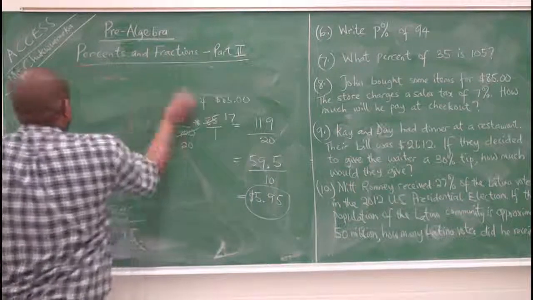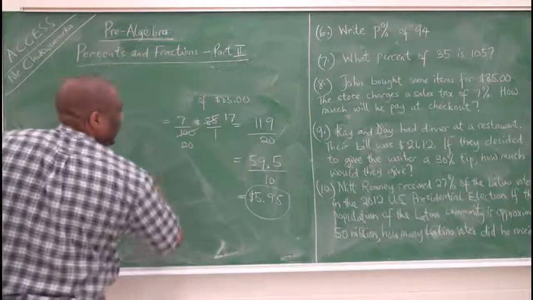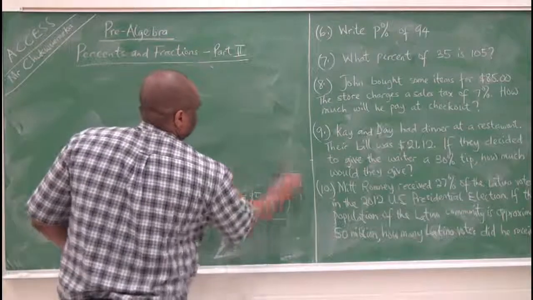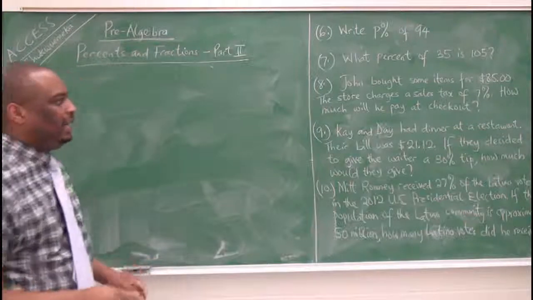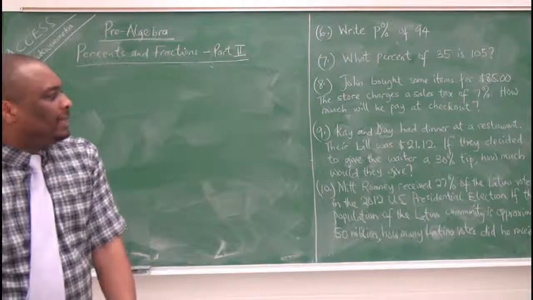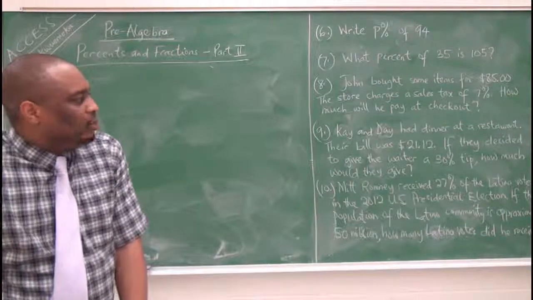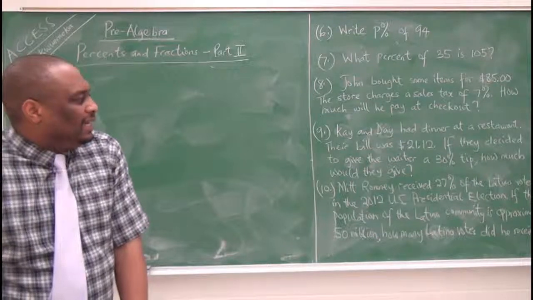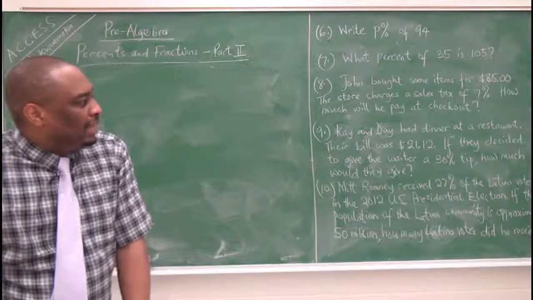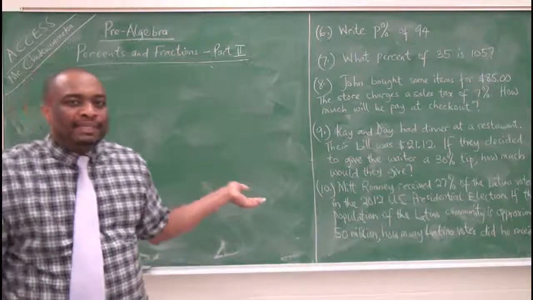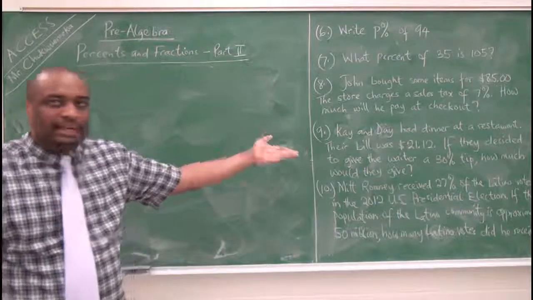Okay, the next one, question 9. Kay and they had dinner at a restaurant. Their bill was $21.12. If they decided to give the waiter a 30% tip, how much would they give? So a 30% tip means 30% of this amount.